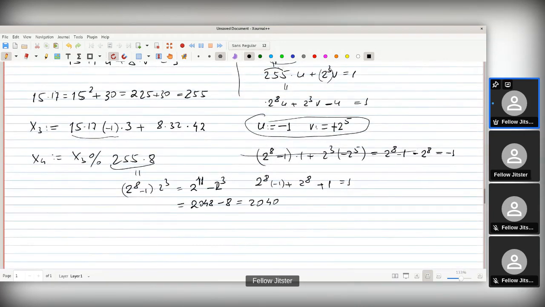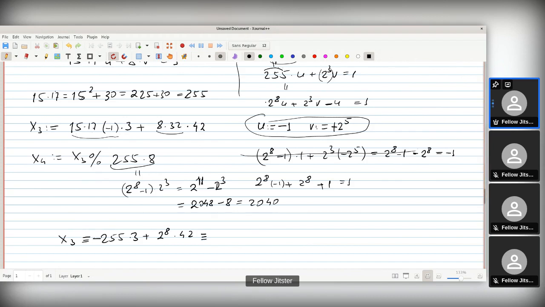Yeah. And we need the remainder. So what is it? 15. This number multiplied by -3 plus 2 to the power 8 multiplied by 32.